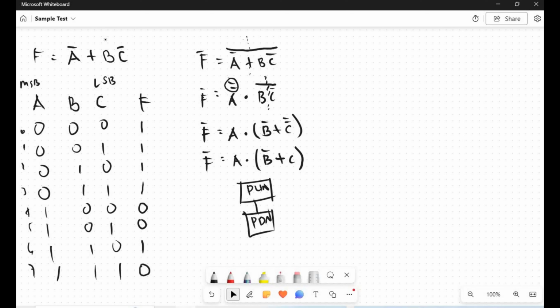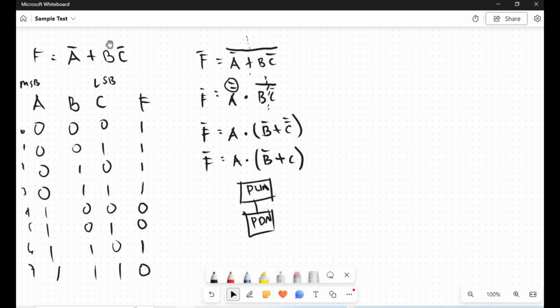So if you're going to implement that using standard CMOS design, we need to invert the function, since standard CMOS design is naturally inverting. So you need to apply De Morgan's theorem, just like what we implemented here.